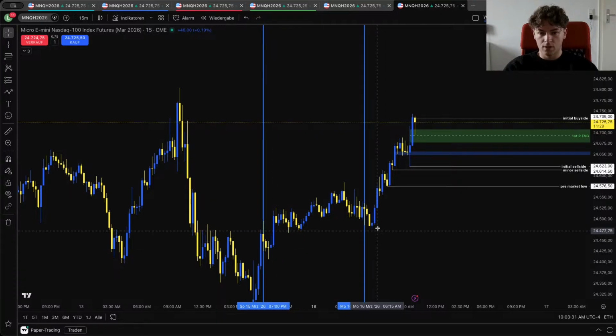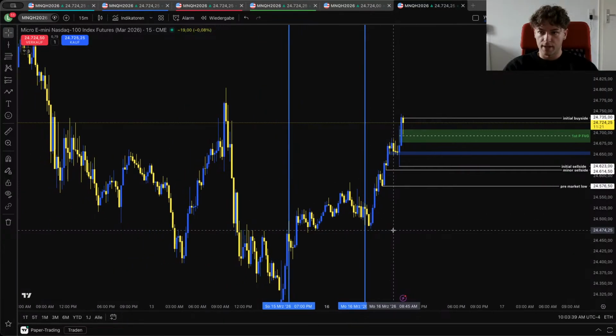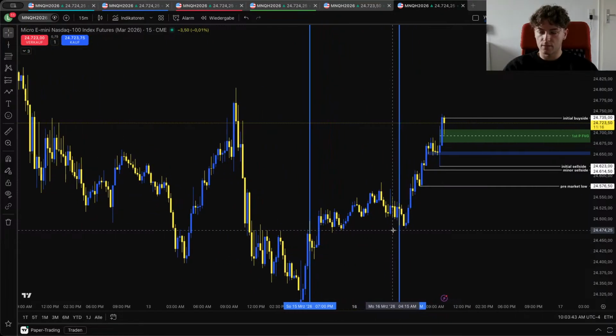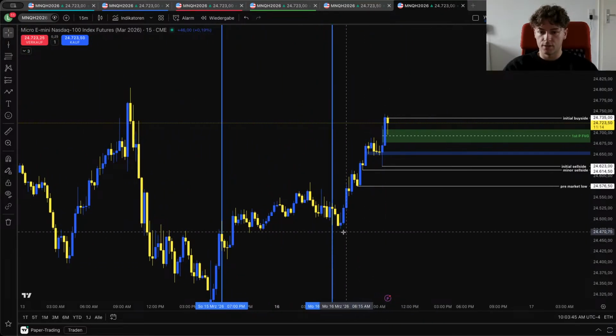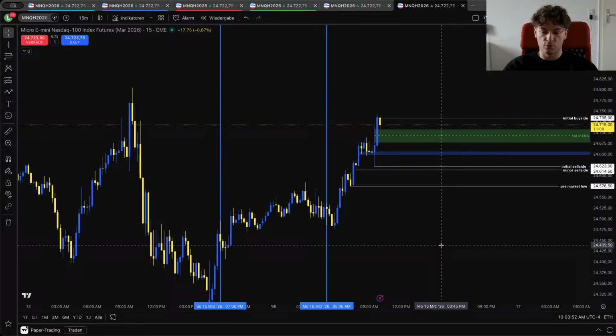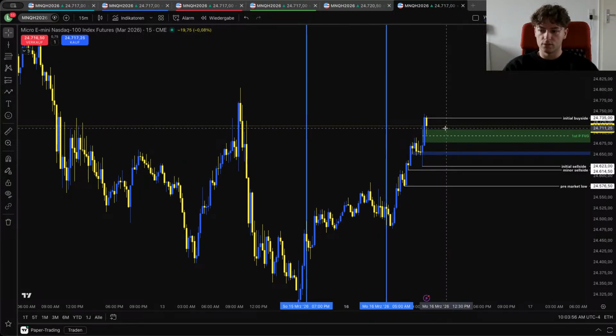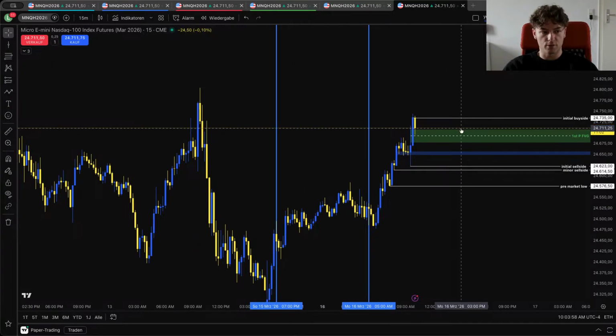So I'm still of the opinion that this is a manipulation. We are at the beginning of the week, and long term, price wants to go lower. That's our bias. So of course, smart money doesn't want everybody participating in the move lower. The move lower will be the real move, with low resistance.